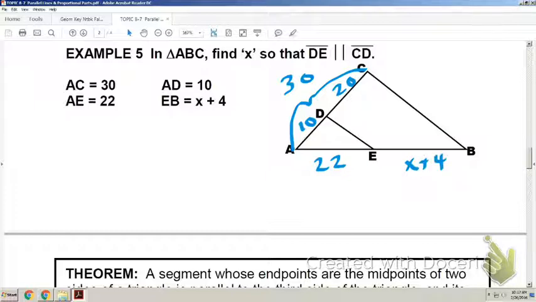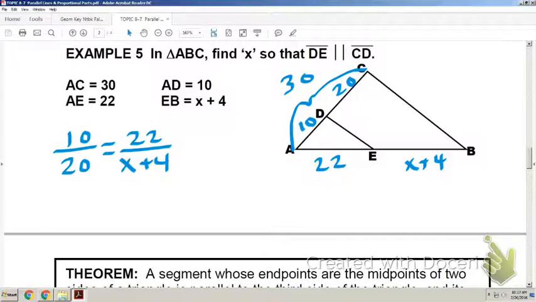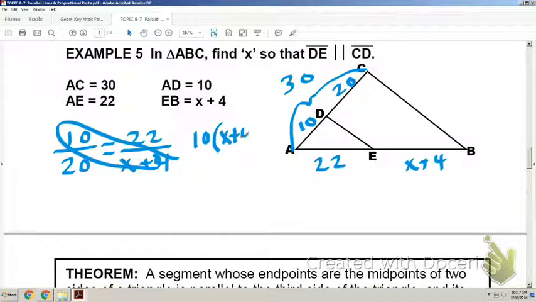So I'm going to set up my proportion. 10 over 20 equals 22 over x plus 4. So let's cross multiply and divide. So we have 10 times x plus 4 equals 22 times 20 is 440.